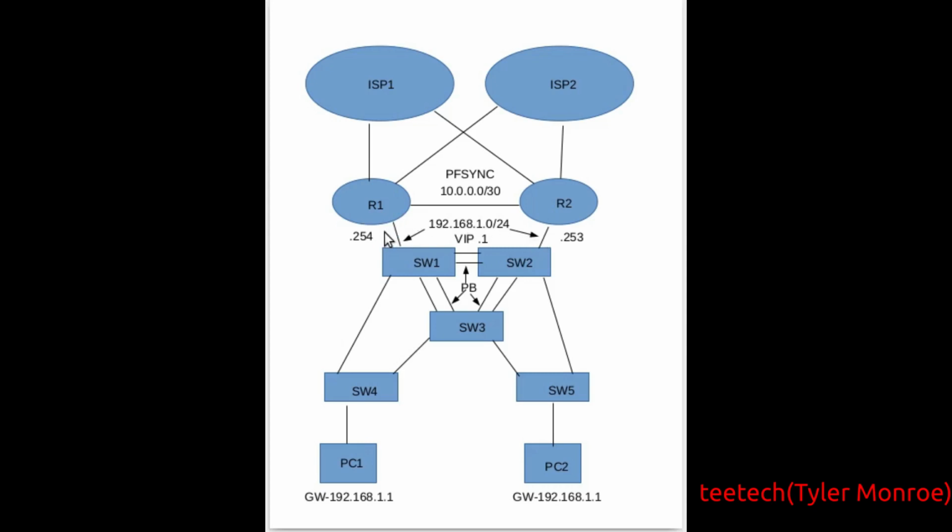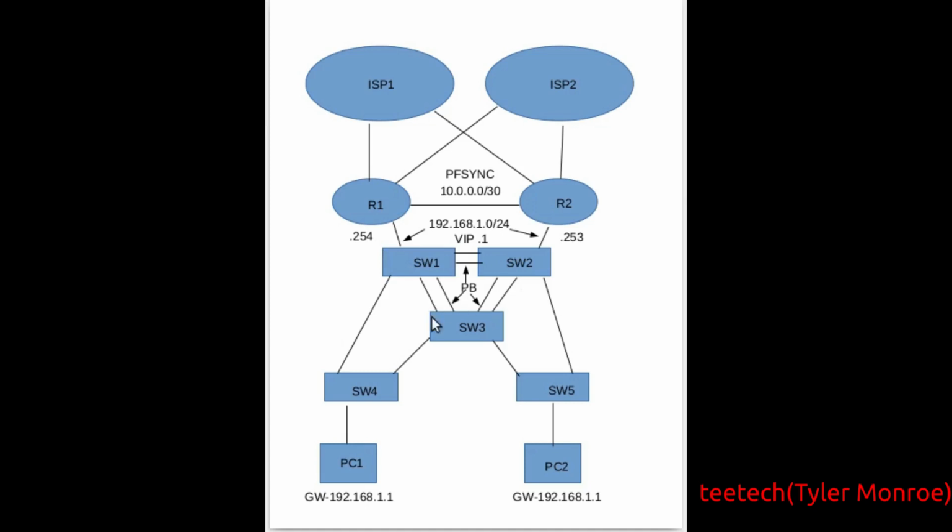Now, .254 is the management IP for R1, and .253 in the subnet is the management IP for R2. The .1 IP is the virtual IP, and that's what CARP's job is. It's letting either R1 manage it if it's in the master state, or letting R2 manage it if it is in the master state. But they just can't be in the master state at the same time by default.